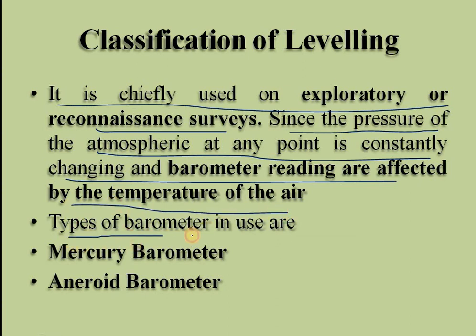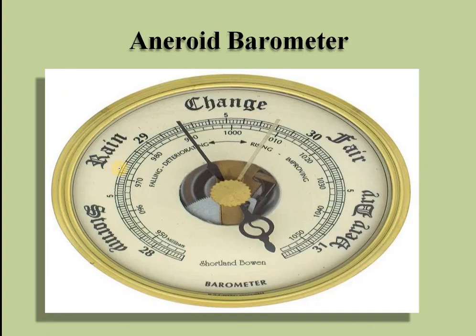The types of barometers used are the mercury barometer and the aneroid barometer. Remember, these are the barometers used in the leveling process. This is known as an aneroid barometer.